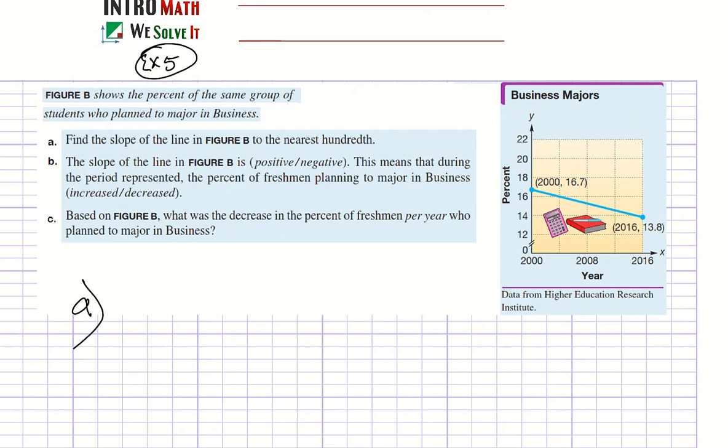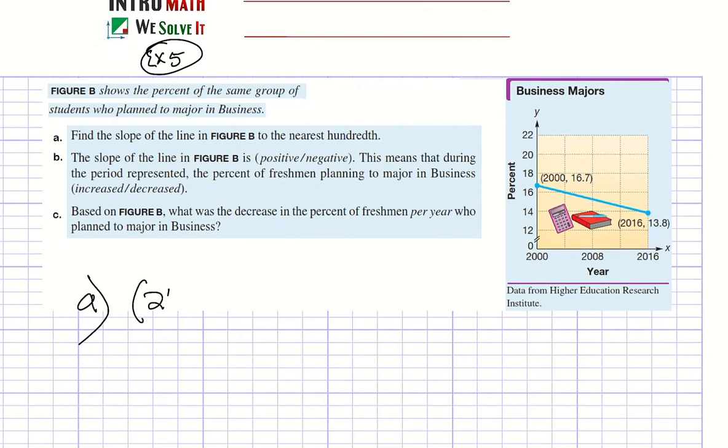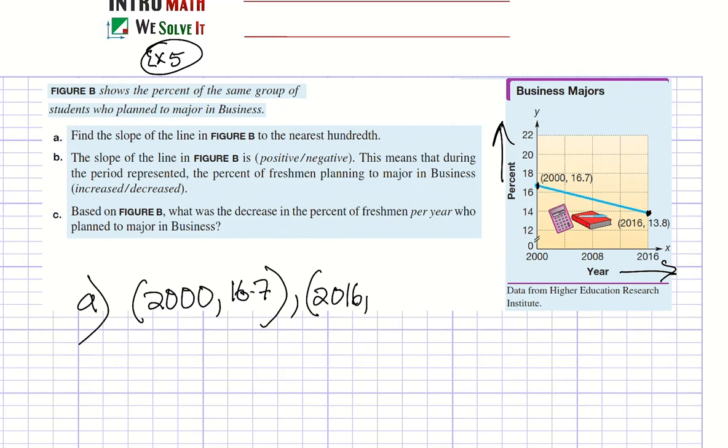We are given 2000, these are year X, and percentage of students that major in business, Y. In the year 2000, there was 16.7. Then a second ordered pair is given right there: 2016, 13.8.